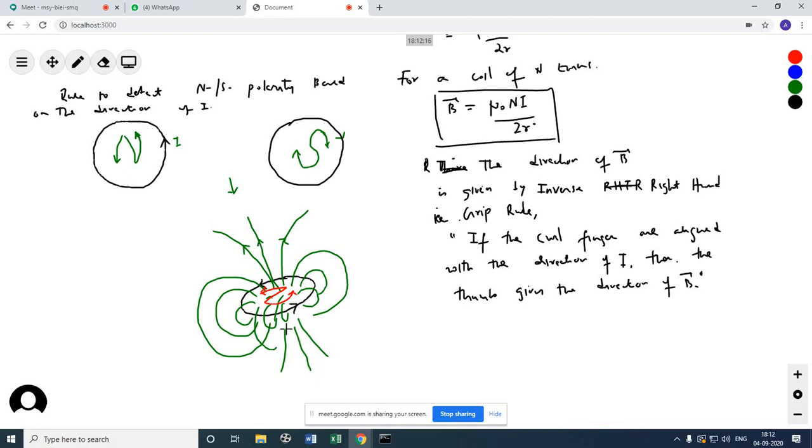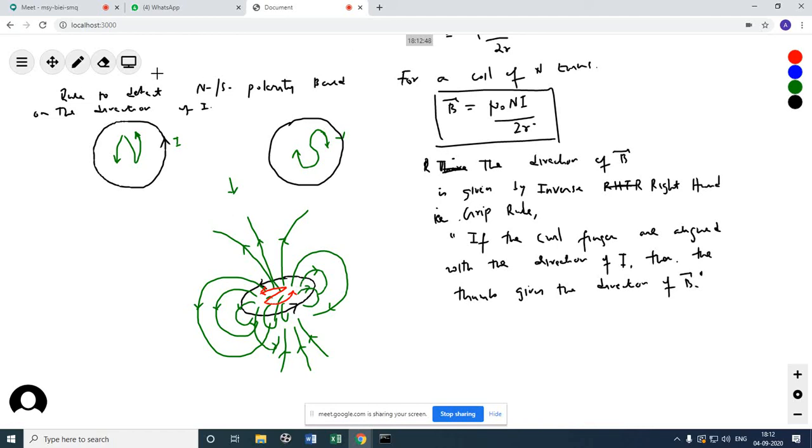So I'm going to write N here. You can see the north is along the direction of the anti-clockwise sense. This is I. So this face which you are looking at will be north, and the opposite face will be the south.